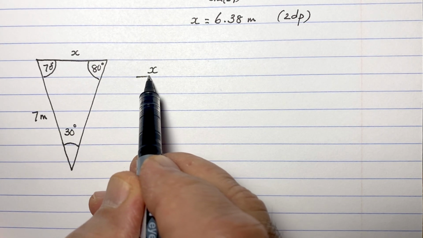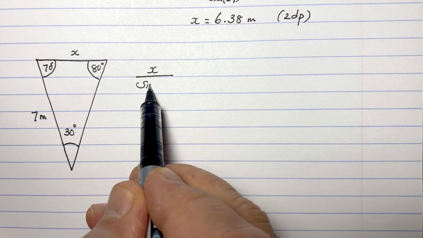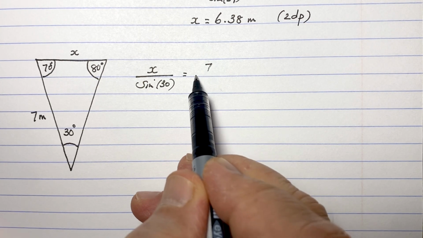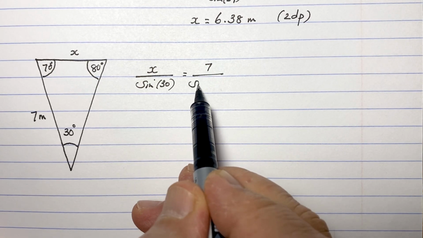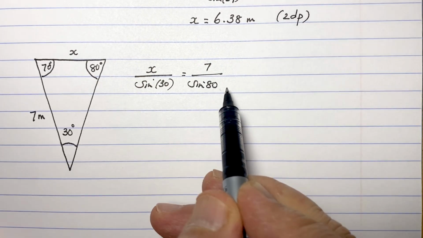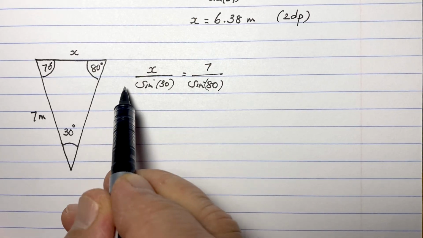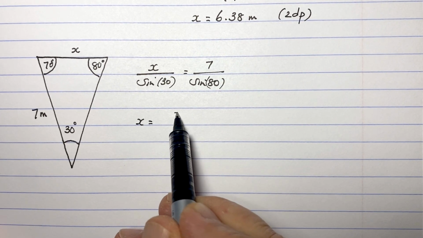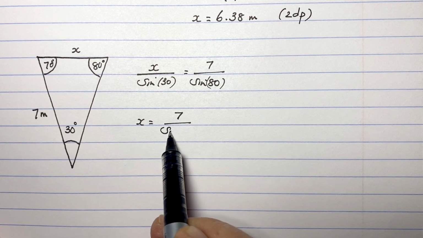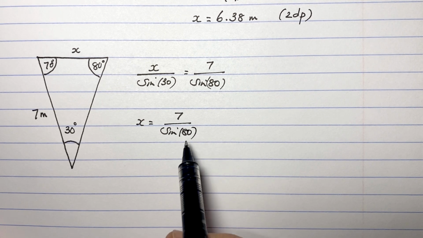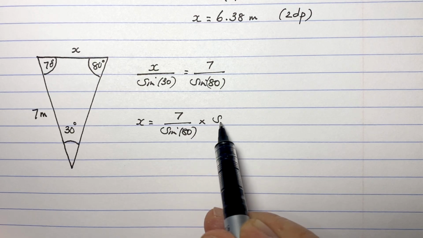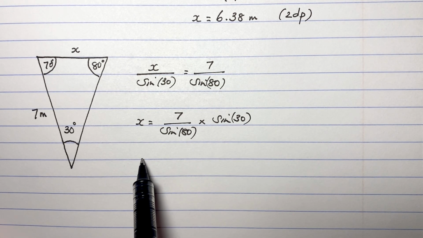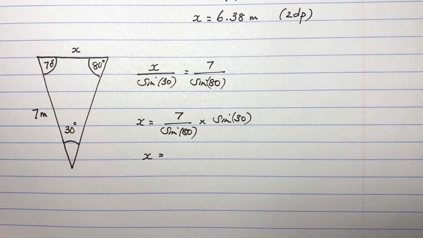Side over the sine of the angle opposite is the same ratio, 7 over sine of 80. Multiply both sides by sine of 30, so you have x equals 7 over sine of 80 times sine of 30. That can go straight into the calculator.